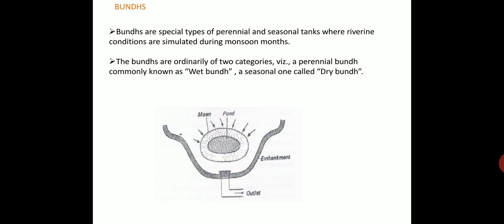Bunds. Bunds are special types of perennial and seasonal tanks or ponds where riverine conditions are stimulated during monsoon months. Here the bunds are categorized into two types: perennial bunds, which are commonly known as wet bunds, the name itself has its meaning, and seasonal bunds, which we call dry bunds.